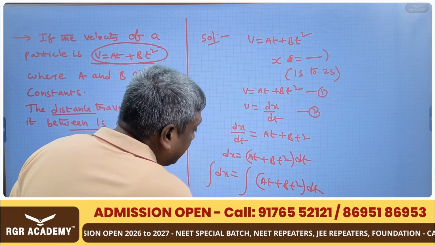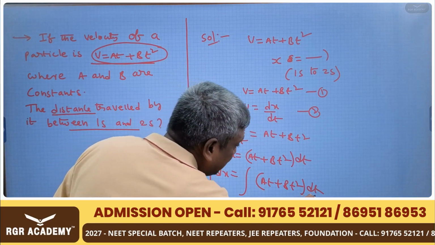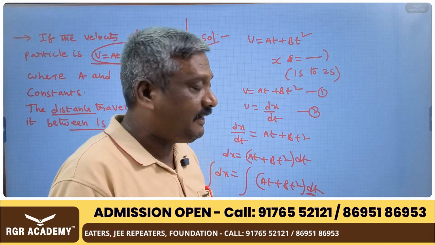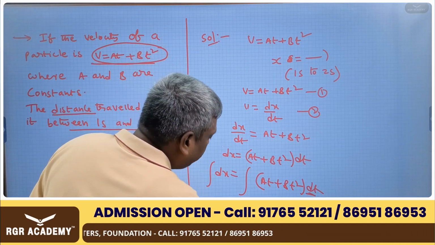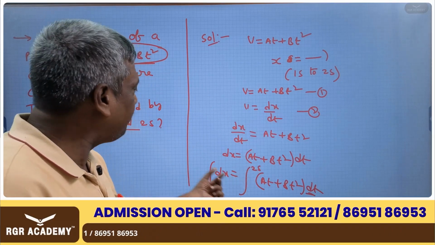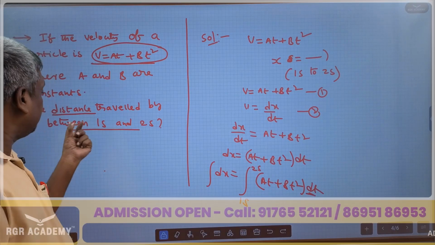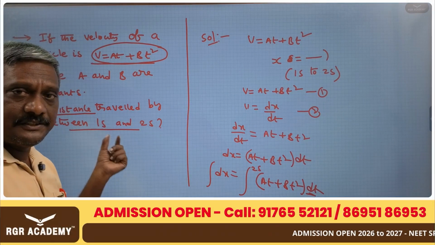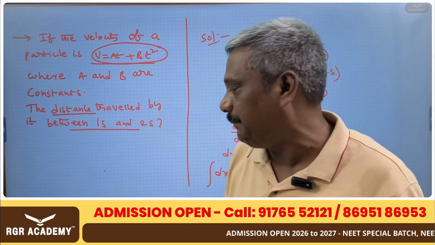Therefore, you can write the limits like this. Observe the right side, dt means time is the variable, going from 1 second to 2 seconds.